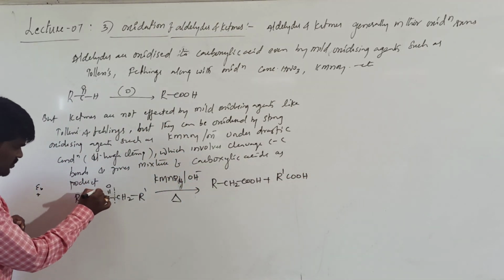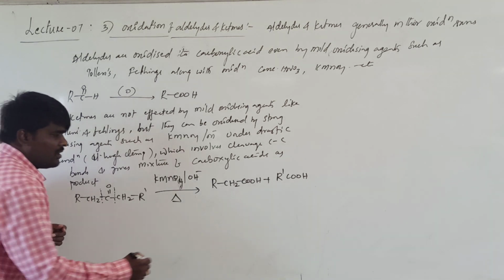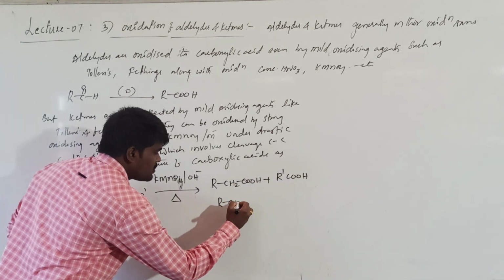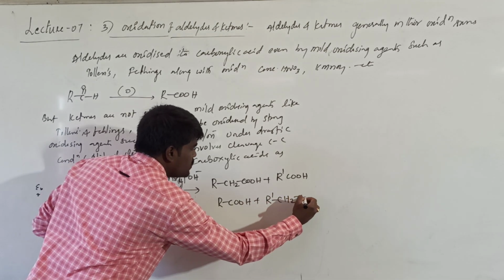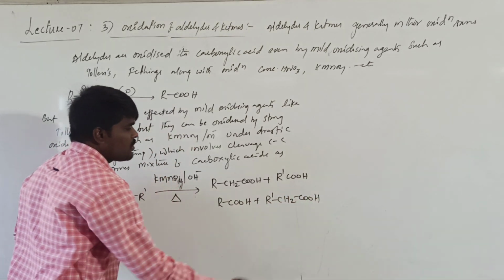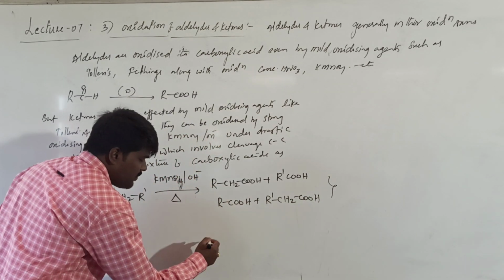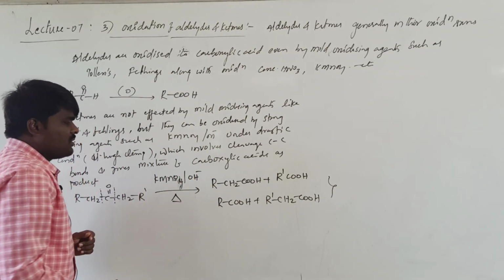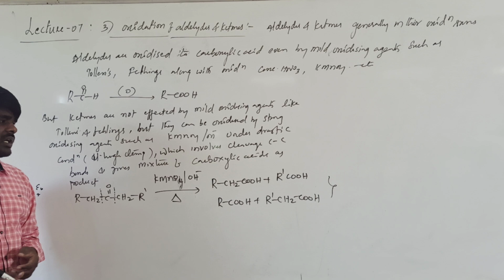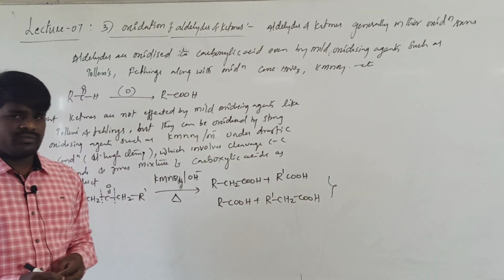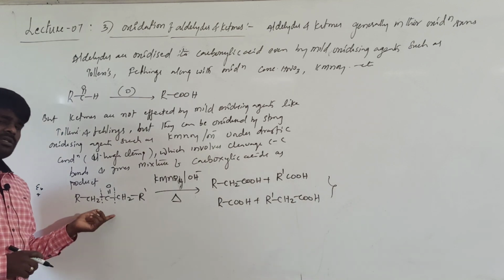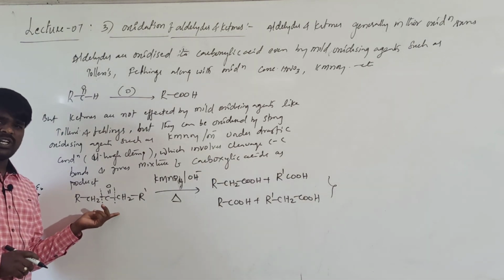Suppose this other bond is broken, what are the products? You will get RCOOH plus R'CH2COOH. So we call this a mixture of acids. The carboxylic acids obtained will contain fewer carbons compared to the corresponding ketone.